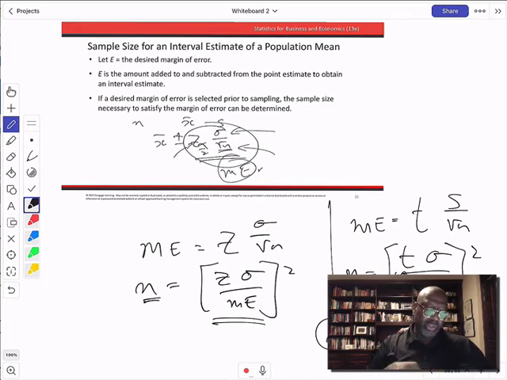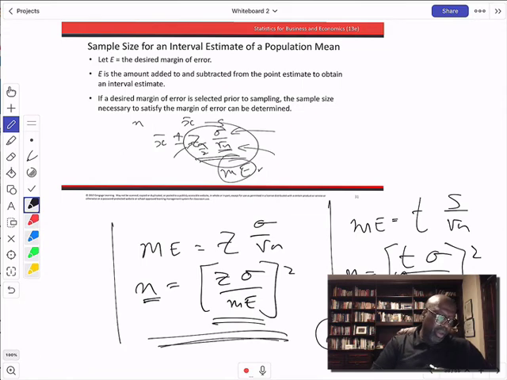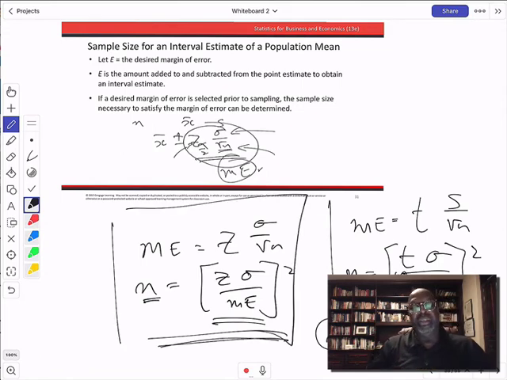And so you are using a value of t which is inconsistent with what the sample size is going to be, because that current value of t is based on your current sample size, but you're not going to get a larger sample size while using the same t value. So it's not appropriate to do that. So it's best to use something that is fixed, and so we always use this formula when we're finding sample size for a given margin of error to estimate the population mean. We always use this formula right here.